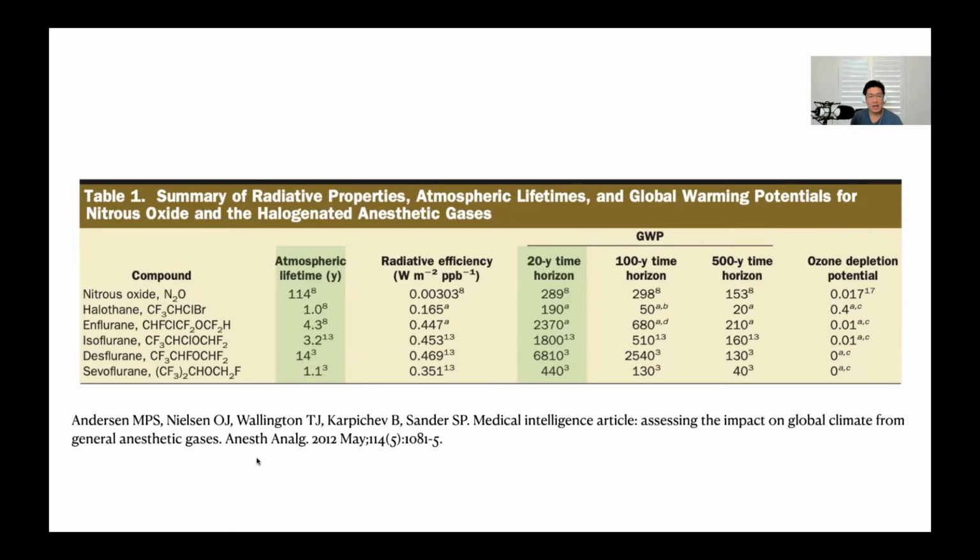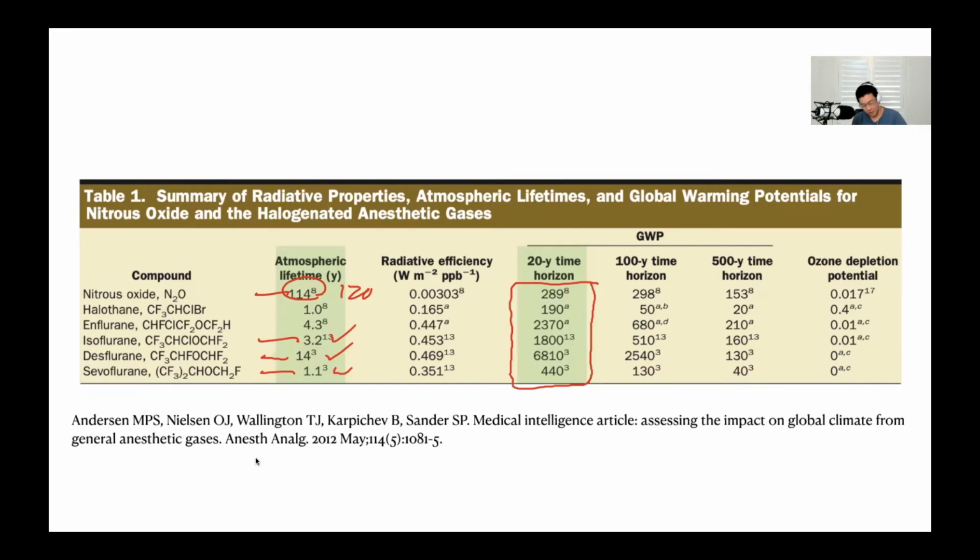The things you can see here are that they've got desflurane at 14 years, which is correct, sevoflurane at 1.1, isoflurane at 3.2, which is correct, and nitrous was 114. I think the article had 120. But these are the numbers they've used to calculate the carbon dioxide equivalents.